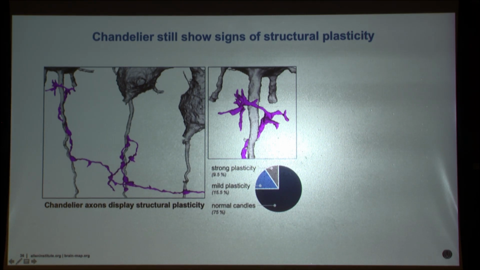There's a thing called a growth cone, which is something that forms on axons that are trying to find targets. Axons are these wires, but when they're looking for targets, they put out fingers, essentially. If you see a movie, they look around for a target. You don't see growth cones almost at all in mature cortex, but here, when you look at this population, there are actually a lot of growth cones. So clear evidence of a lot of plasticity in this connection.